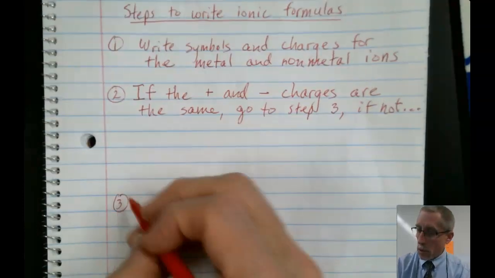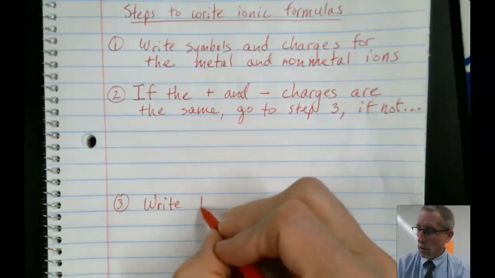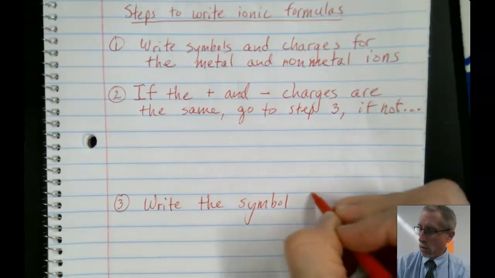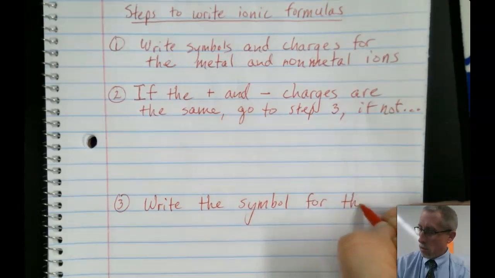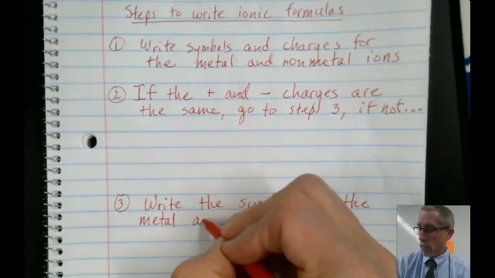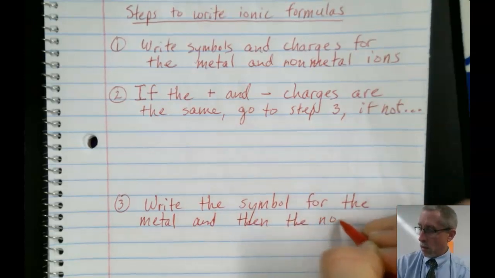All right, here's what we do in step 3. We write the symbol for the metal, and then the nonmetal.